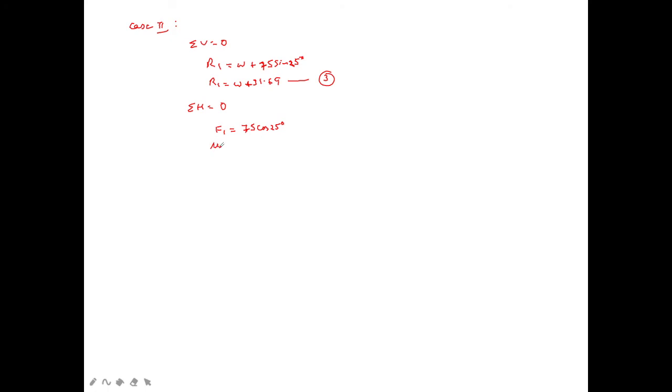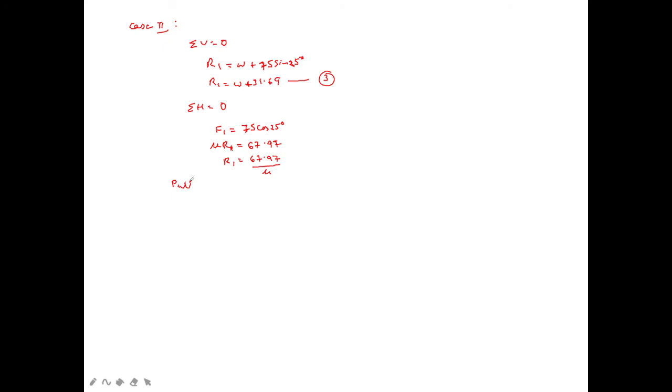F1 is mu into R1, and 75 cos 25 is 67.97. So R1 is equal to 67.97 upon mu. Now we'll put the value of R1 in equation number 3.